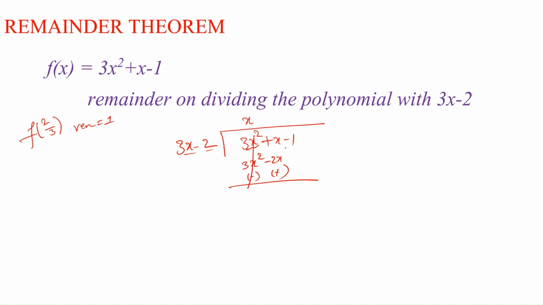These two will get cancelled out. x plus 2x is 3x, minus 1. 3x upon 3x is 1, so we'll write 1, and 3x here. Now minus 2 into 1 is minus 2. Change the signs. 3x minus 3x cancel out, minus 1 plus 2 gives 1 as the remainder, which is the same as the one we have got here.